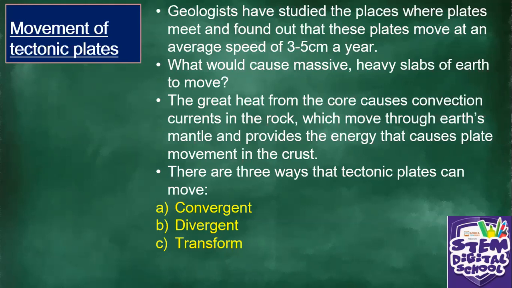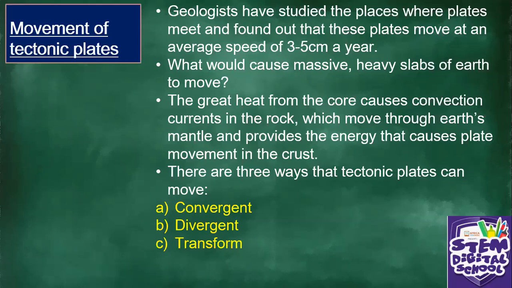There is great heat from the core, which causes convection currents in the rock, which move through the earth's mantle and provide the energy that causes plate movement in the crust.